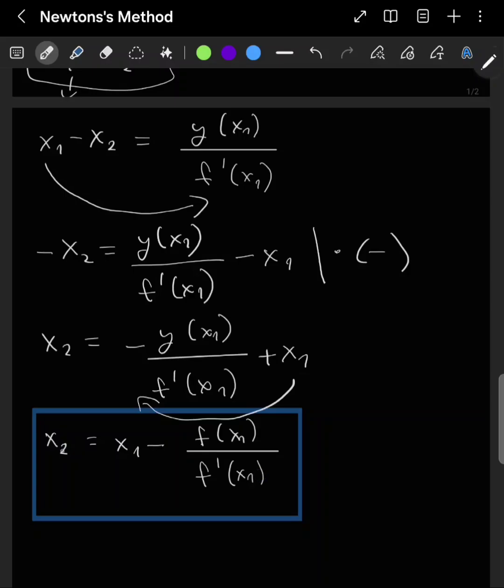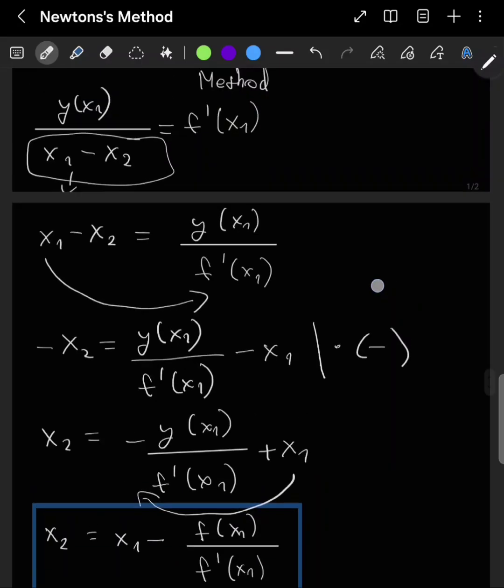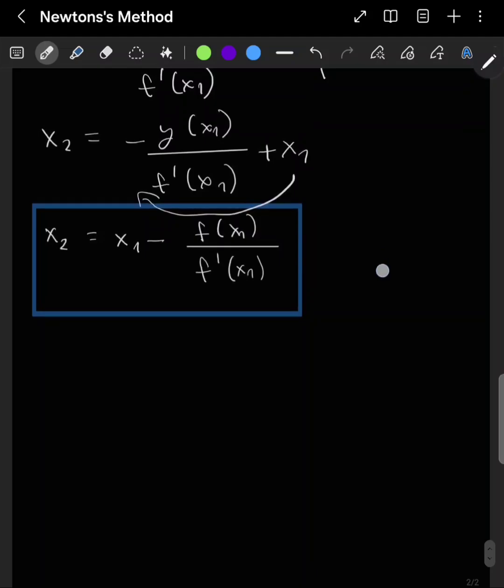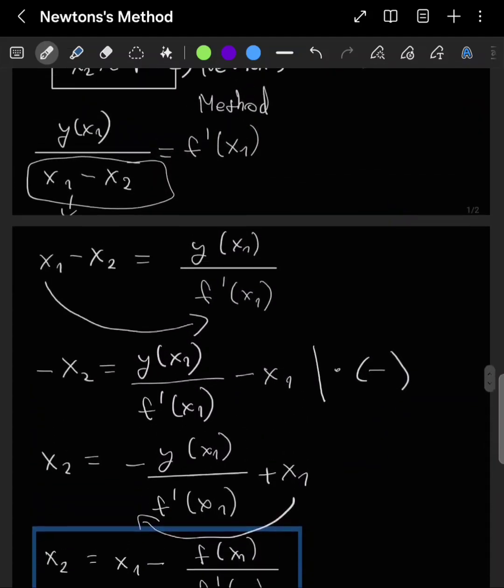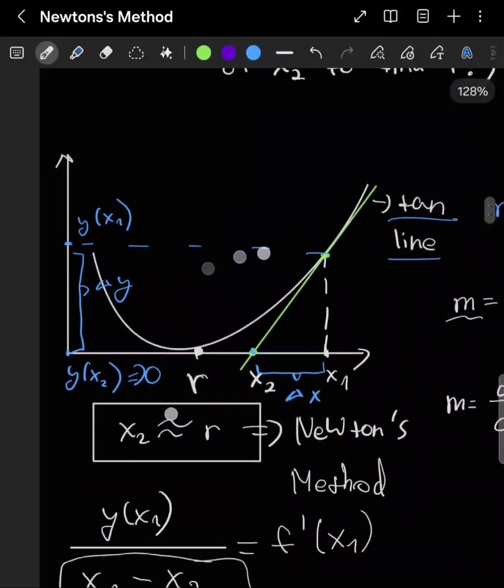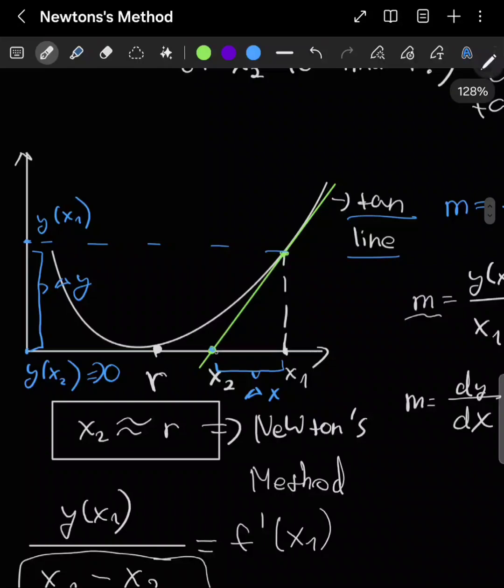So here's the formula for x2, and one thing I would like to add in my lesson is that the more we draw a tangent line in here, the closer we get to r, which means the approximation will be more precise.